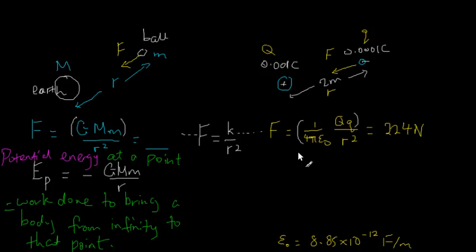Now, what I'm going to do is to see how we can use these ideas in electric fields as well. In order to do that, we need a corresponding formula for the potential energy of a charge. So if this is the formula for gravitational potential energy, what is the formula for electric potential energy?